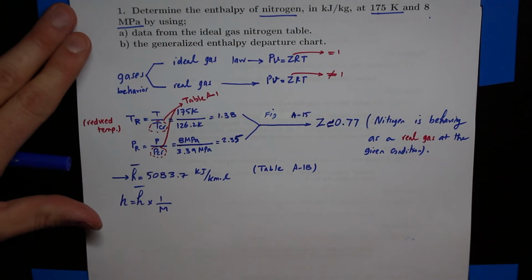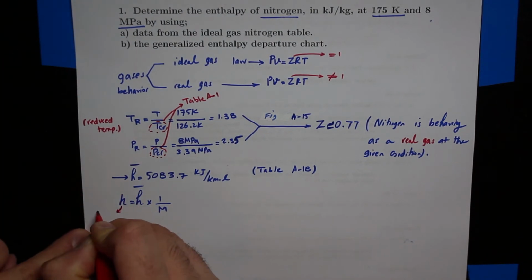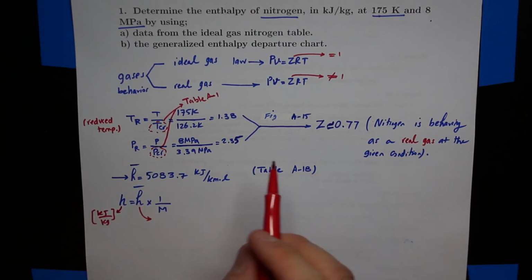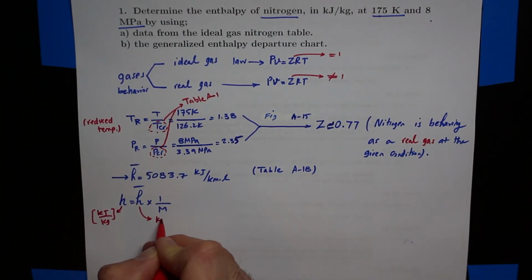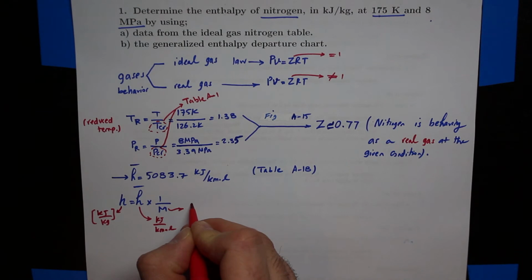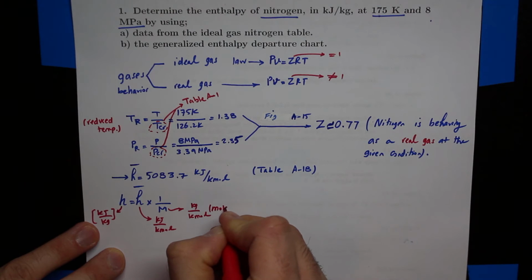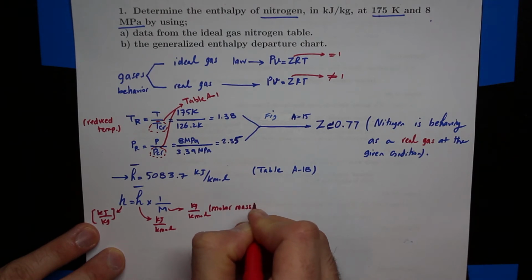Let's say this H is in kilojoule per kilogram that I'm looking for. Let's say this H bar is in kilojoule per kilomole that I already have, and M itself is in kilogram per kilomole. So we learned about this capital M earlier, and this capital M is basically molar mass. And you can obtain that in table A1.